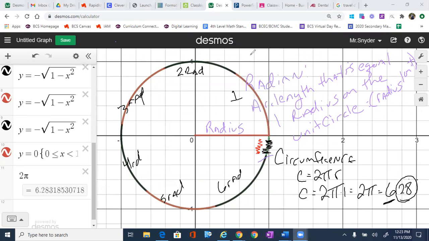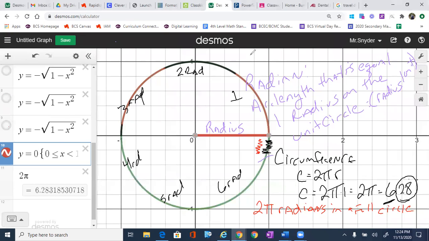There are 2 pi radians in a full circle. What that means is that there are 6.28 radiuses that can travel around the entire circle.